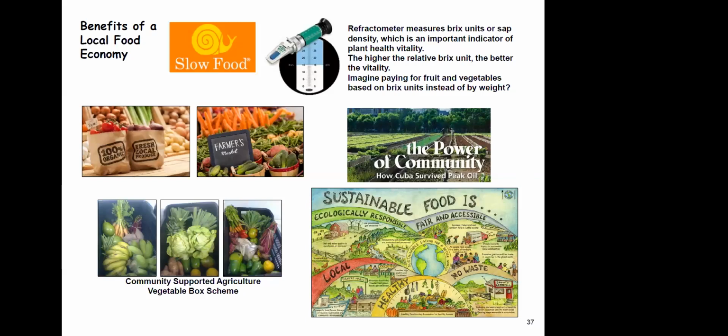So the higher the BRIX index, the greater the vitality and the greater the price the farmer was paid, and in turn, the retailer was selling the fruit and veg for. And very soon the farmers realized if they're growing things industrially, it just doesn't have the same vitality as if you grow it organically. So just imagine if you go and pay for your fruit and vegetables based on BRIX units instead of by weight. You're then starting to eat good, healthy food that's good for you, and it's also good for the local environment.